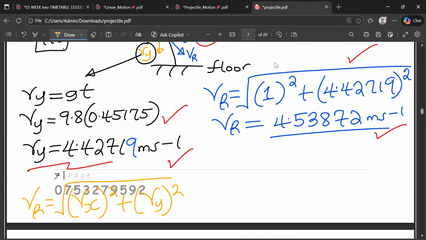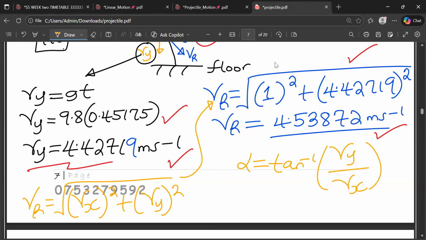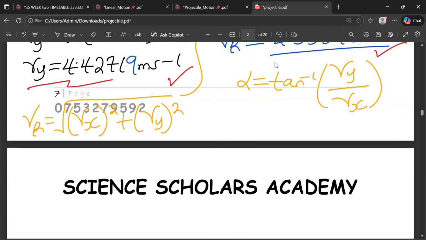It is okay. Then from here, you go here. Maybe it's what helps you attempt very fast. So you can first show the formula. No problem. Vy over Vx. Then you substitute. Hope people have the answer ready.